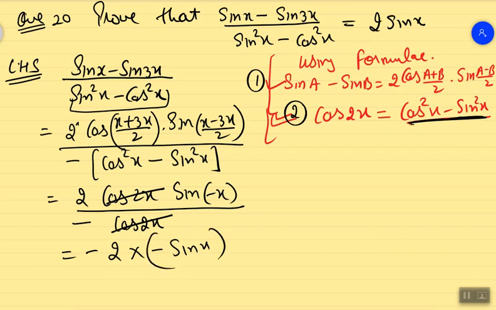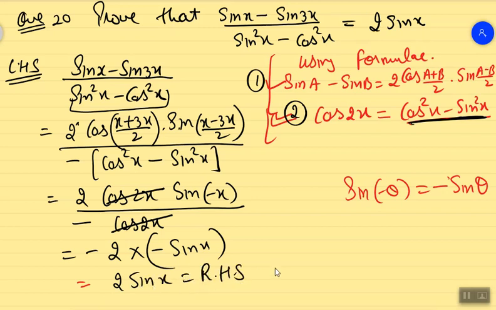We know the formula: sin of minus theta is equal to minus sin theta. Minus minus plus, 2 sin x is equal to the right hand side, hence proved.